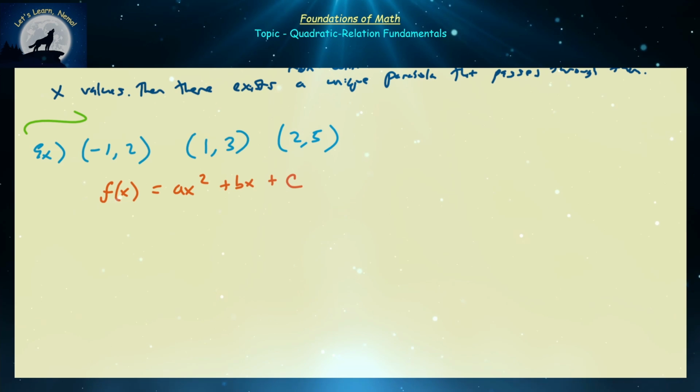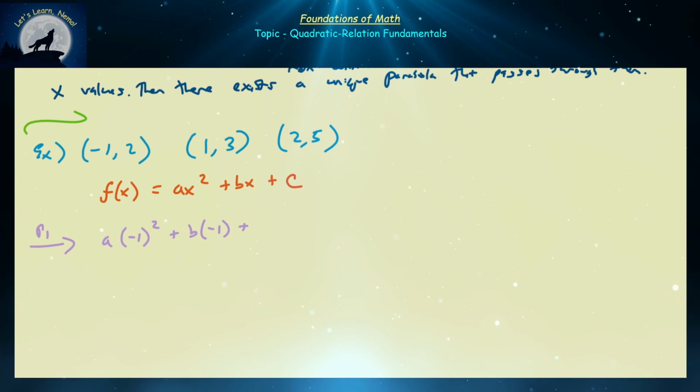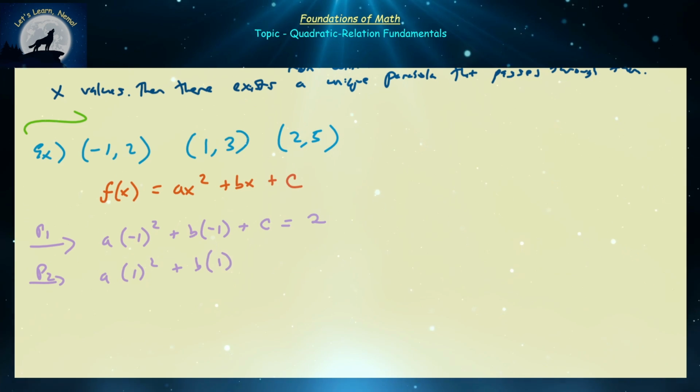So if I plug in -1, what will I get? This is for point number 1. We're going to have a times (-1) squared plus b times (-1) plus c, and that should be equal to 2. If I plug in point 2, I'm going to have a times 1 squared plus b times 1 plus c, and that should be equal to 3.